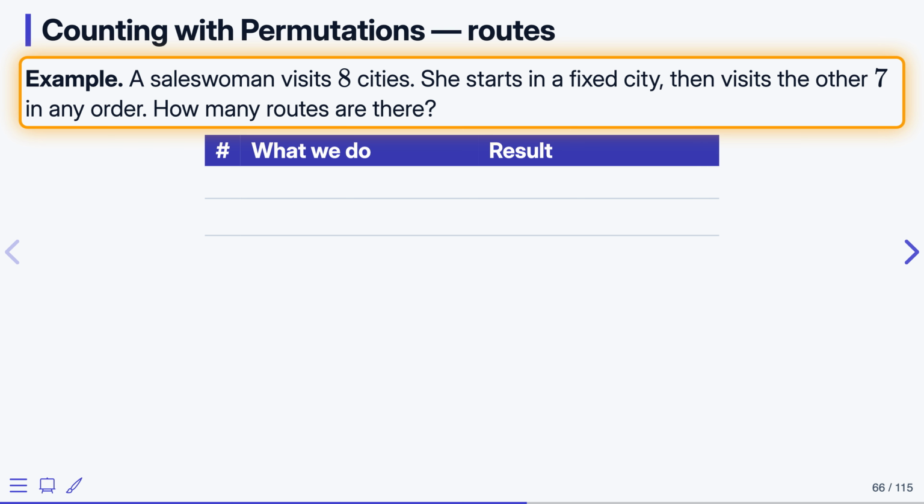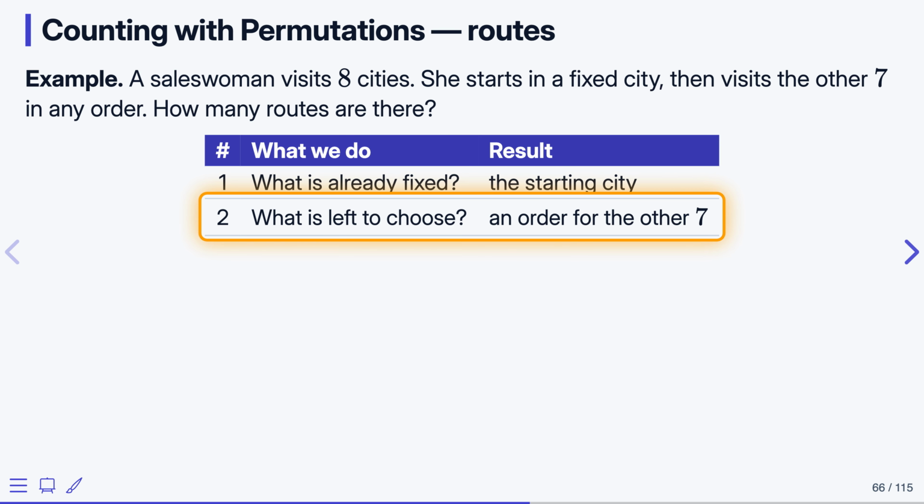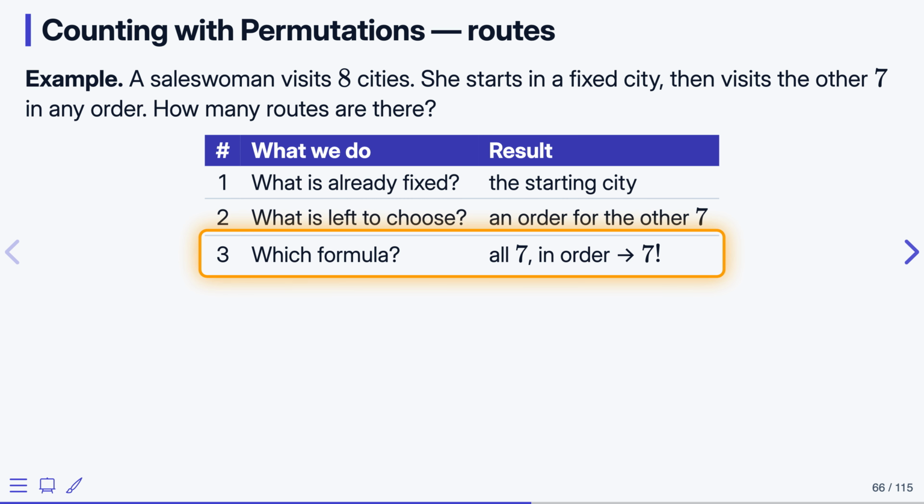Now a classic problem. A saleswoman visits 8 cities. She starts in a fixed city, then visits the other 7 in any order. Step 1. Ask what is already fixed. The starting city is given, so it is not a choice. Step 2. Ask what is left. 7 cities, and she may visit them in any order she likes. Step 3.